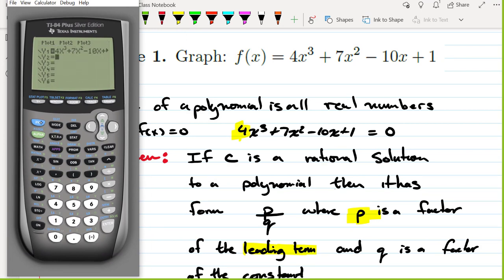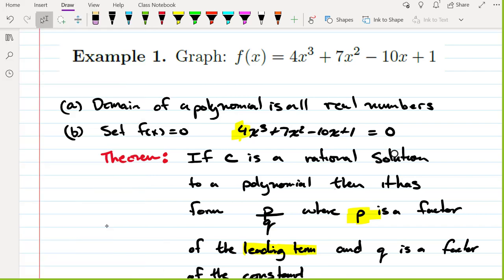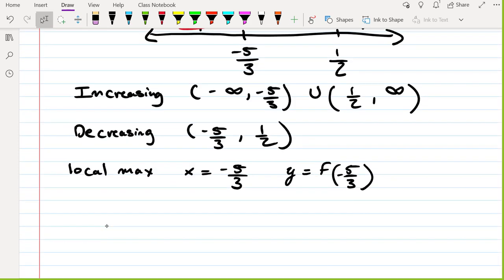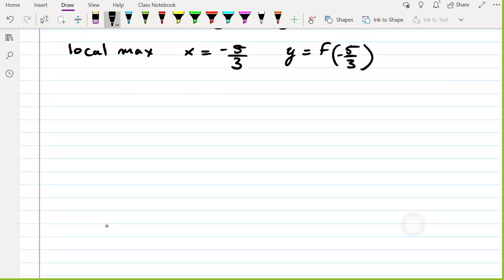And we want to put in negative 5/3, so alpha trace. And we have our negative 5/3. And that gives us 502 over 27.